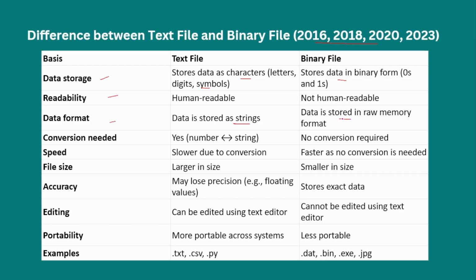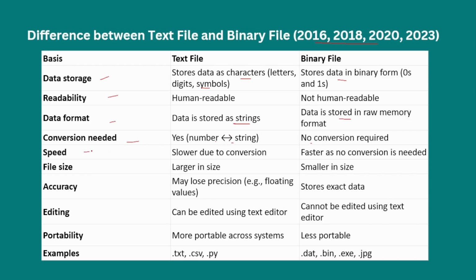Data is converted into binary format in the form of zeros and ones, and that is how data is stored there. Then conversion needed. In text file, if we want to write a number, we'll have to convert it into string, and while reading, that string has to be converted into number. So that conversion is required. And in binary file, no conversion is required.